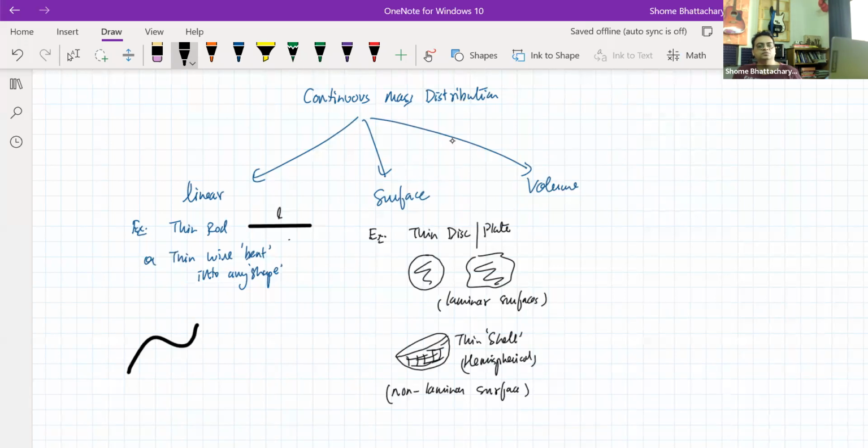And volume distribution, any rigid body, any three-dimensional solid rigid body, solid cylinder or whatever.